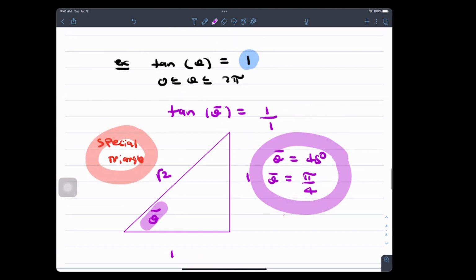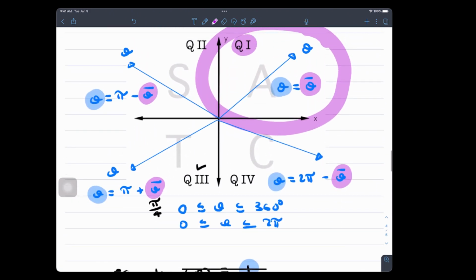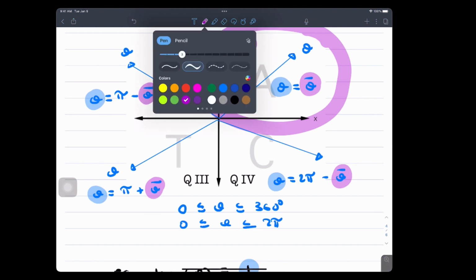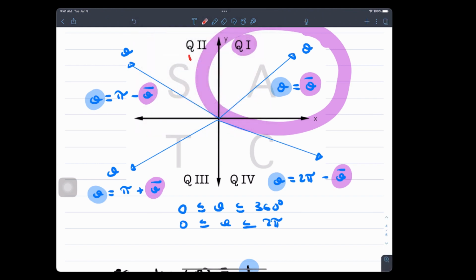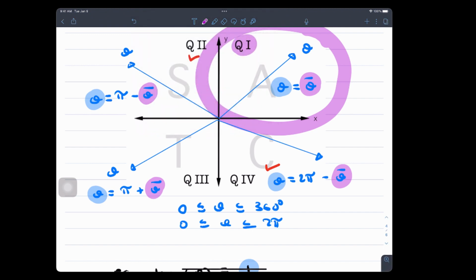So how does it work now? Well, tangent is negative in what quadrants? Do you guys know? Where's tangent negative? I'm going to erase this here. Tangent is negative in quadrants, I'm going to get my red, quadrants 2 and 4. Is that true? Okay, what was the reference angle in purple? Wasn't that pi over 4?